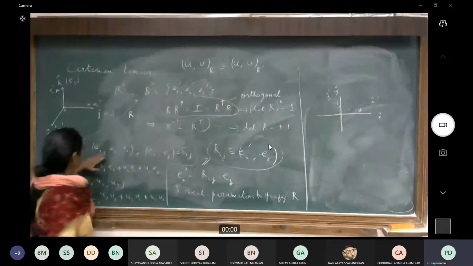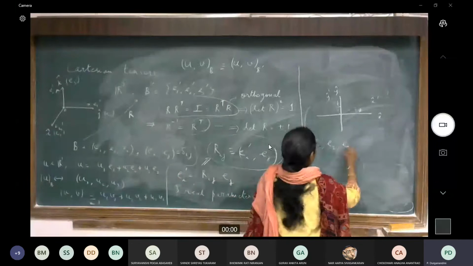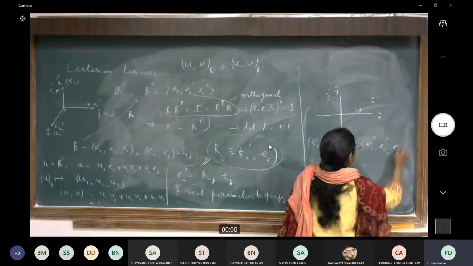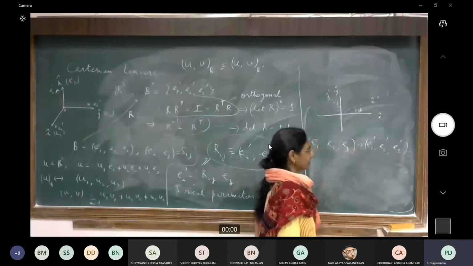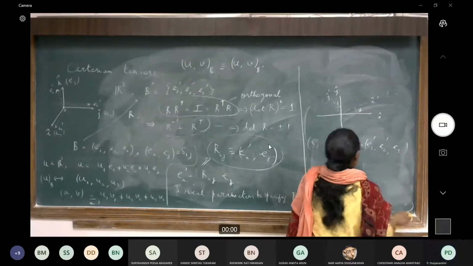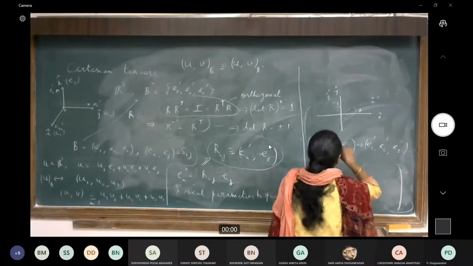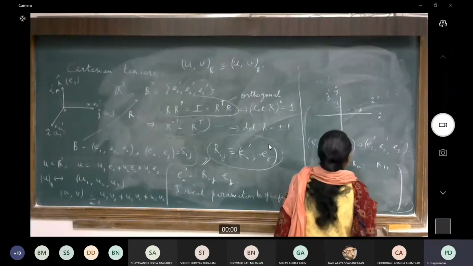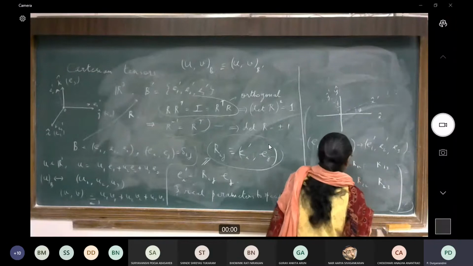Here I have written E1, E2, E3, like your X, Y, Z axes, and E1 prime, E2 prime, E3 prime. Now since my Z axis has remained the same, E3 prime and E3 are the same. If you look at the matrix R, we have these rows: R11, R12, R13, R21, R22, R23, and then R31, R32, and R33.